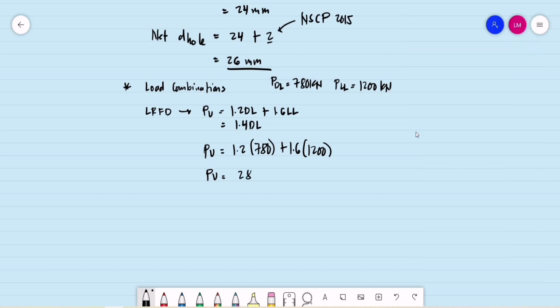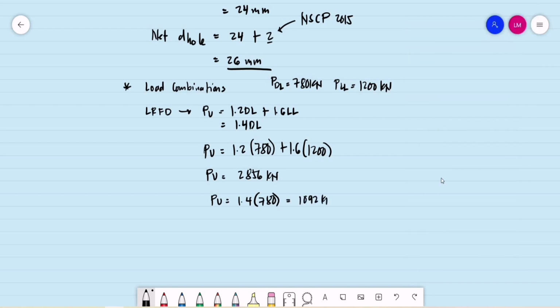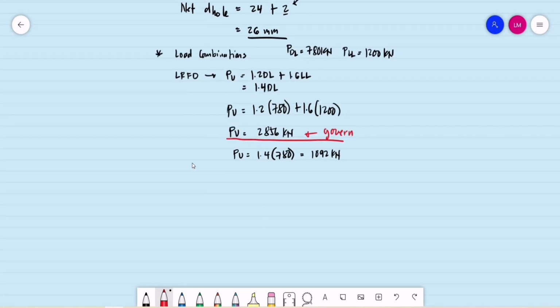That is equal to 2,856 kilonewtons. Then for the other load combination, PU is equal to 1.4 of 780 kilonewtons. I think this is expected to be much lesser. That is 1,092 kilonewtons. So whichever is higher, this one will govern. We are to use 2,856 kilonewtons. So that is our load combination under LRFD.